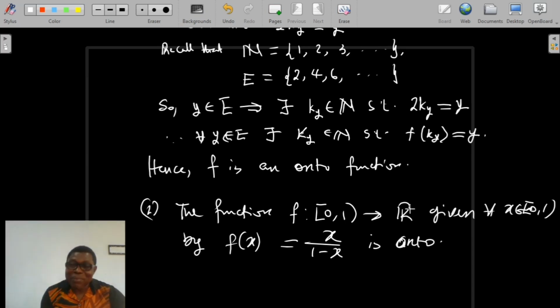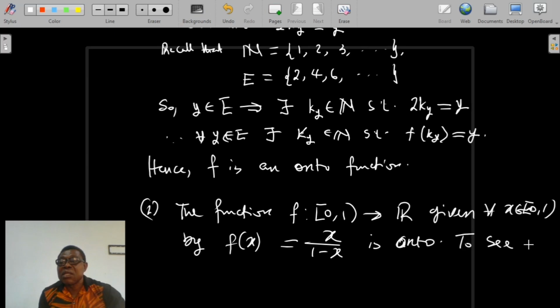This is where one has to apply a little algebraic trick. But for the fact that I've been practicing this, I can easily do it. Then I'll give you a hint on how I went about it. So this is onto.